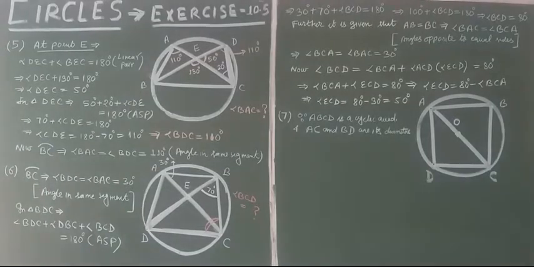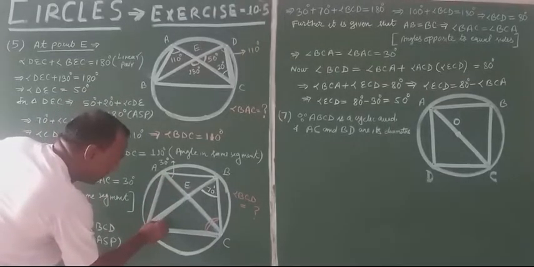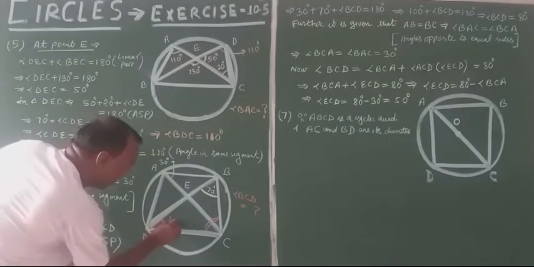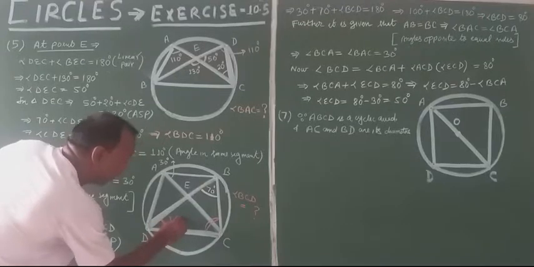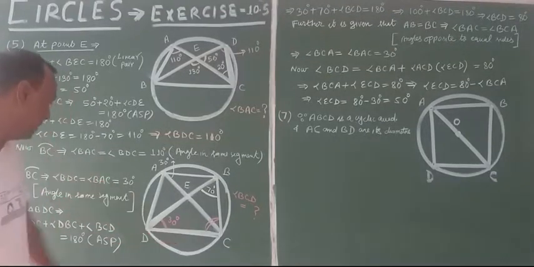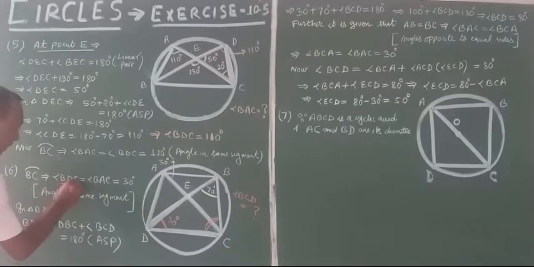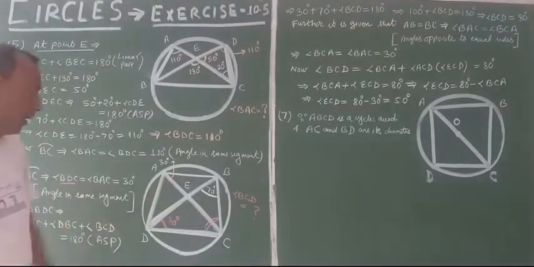It means the value of angle BDC will be equal to 30 degree. BDC will be 30 degree because they are the angles in the same segment.